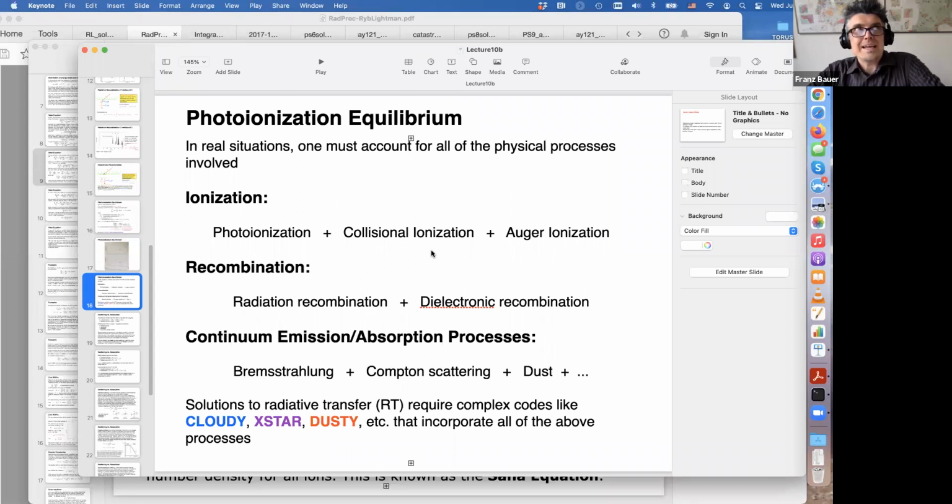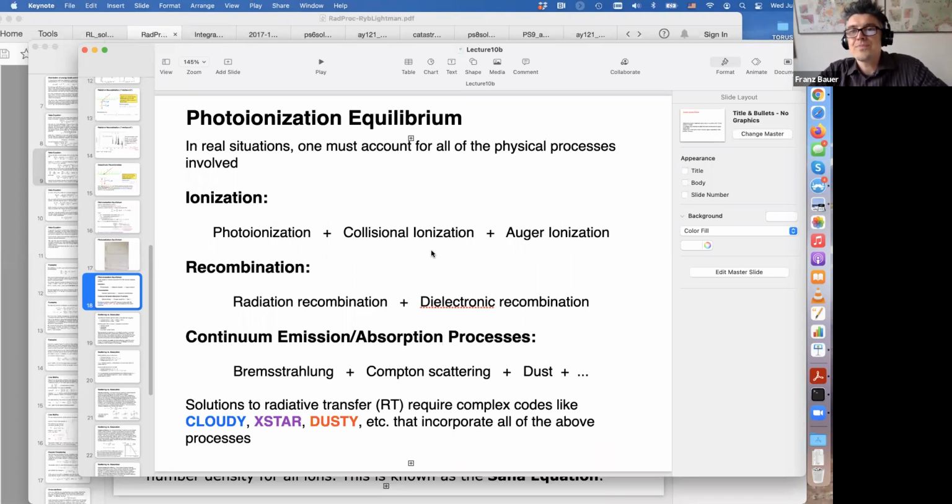But at least at this point, you almost have all the tools you need to realize that it's a really complex problem more than anything else. But in simple situations where one or two things dominate, fortunately there are astrophysical situations where you can apply approximations and get reasonable results.